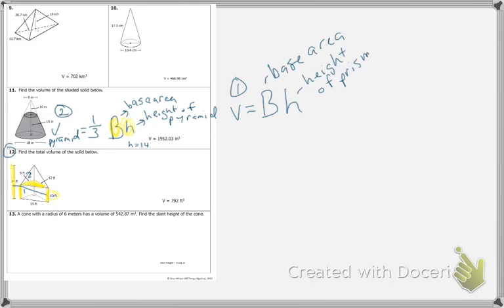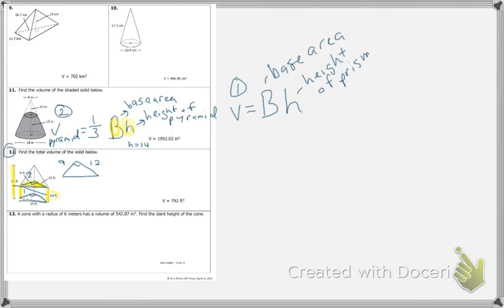Because it shares this base with this base, we have a right triangle here. If I were to tear that out, it says this is 12, it says this is 9, and there's a right triangle here.